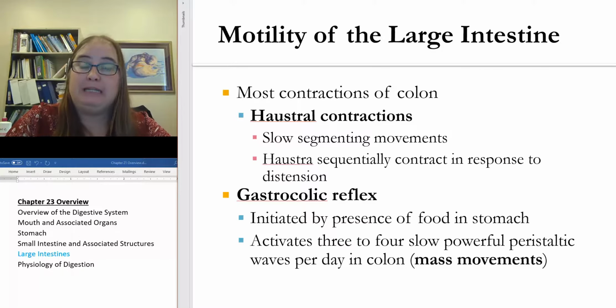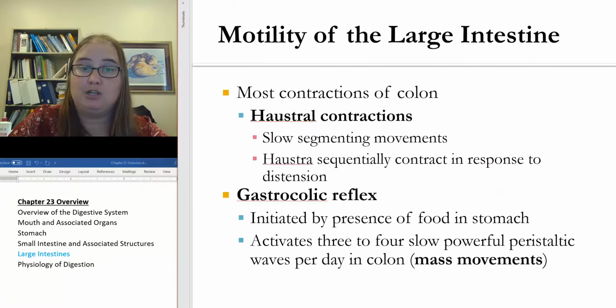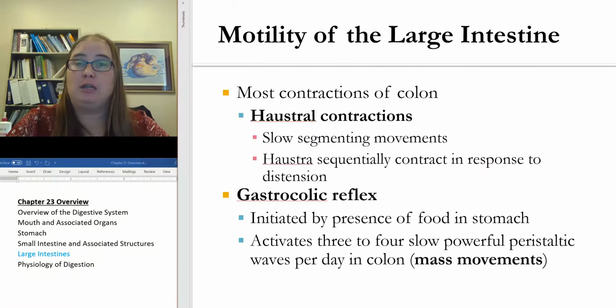So motility within the large intestines happens most specifically through those haustral contractions. Remember, a few slides ago I showed you these independent segments; these are called haustra. The haustral contractions essentially allow for a slow segmenting movement.